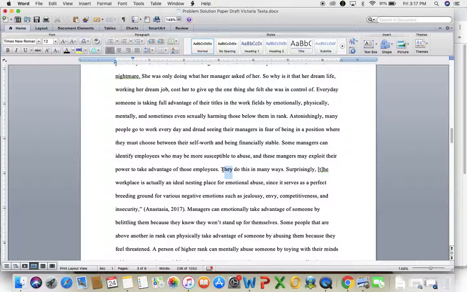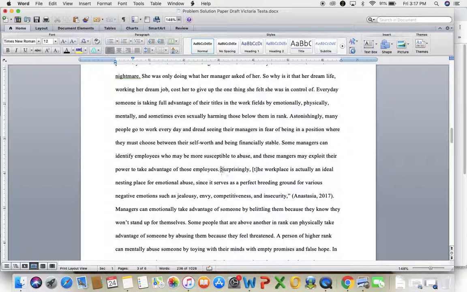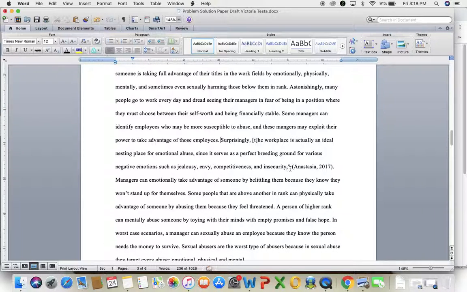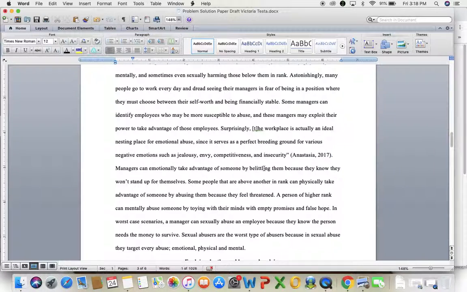And then "they", just because we're talking about victims and perpetrators, the "they" can be a little confusing. So I actually don't think that's needed even. I think you can just go straight into this quotation here, and you don't need that comma there. You just need the period that you have here.